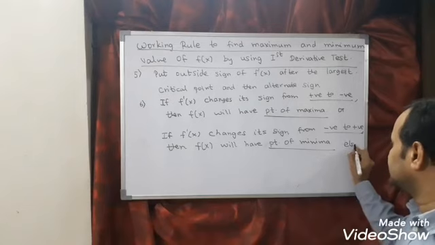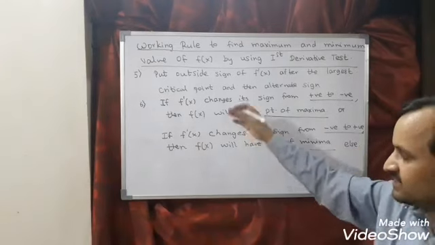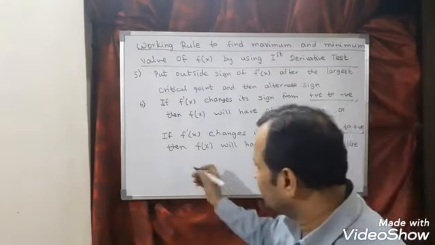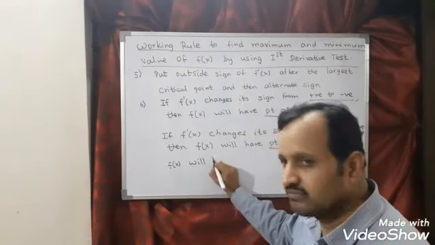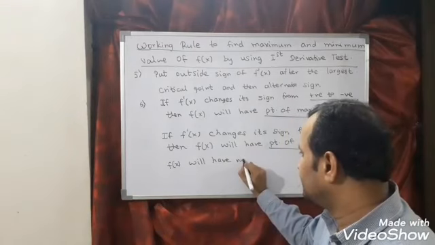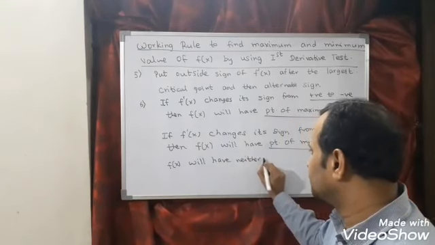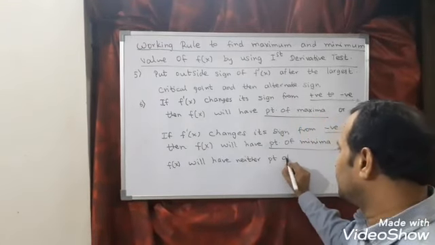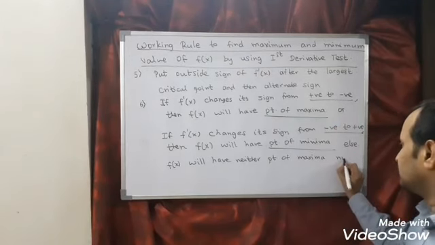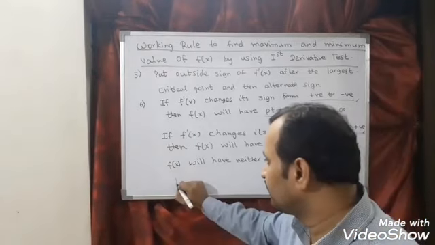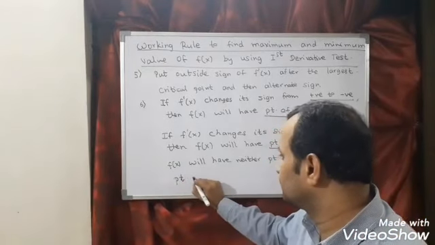Else, if f dash x does not change its sign, f of x will have neither point of maxima nor point of minima.